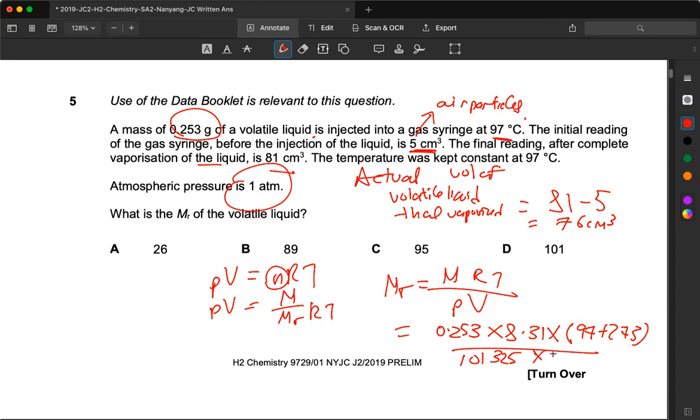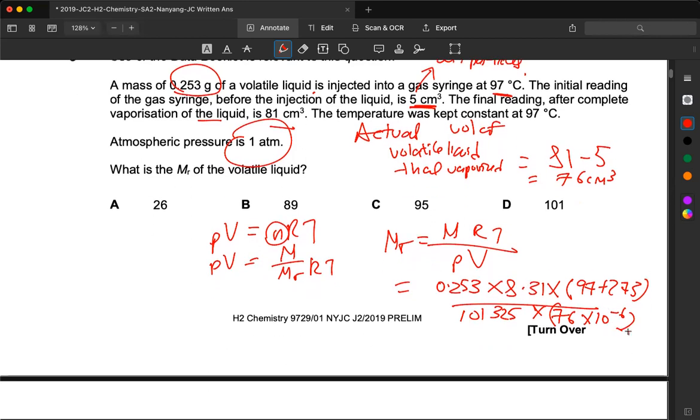Here it is in cm cube, so you have to convert to meter cube, so you need to times 10 to the power -6. Divide by 1000 to get dm cube, and divide by 1000 to get meter cube. So this one must be in meter cube, SI unit. This one no need, this one yes. The rest yes. Then you just punch in your calculator and you get around 101.